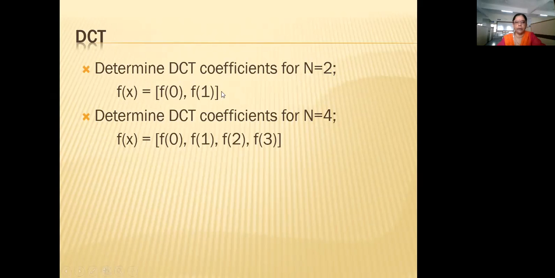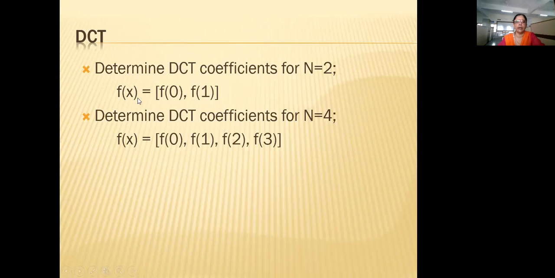So your input vector will look as shown here, f(x) is equal to f0, f1. Meaning there are only two samples, that's why n is 2. And the second problem statement is to determine DCT coefficients for n equal to 4. So n equal to 4 means your input vector length is 4. So as shown here, your f(x) is f0, f1, f2, f3.